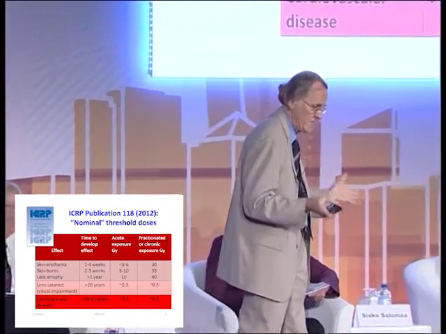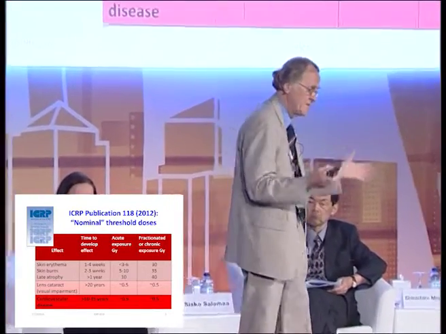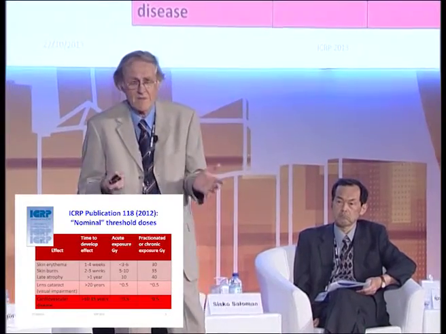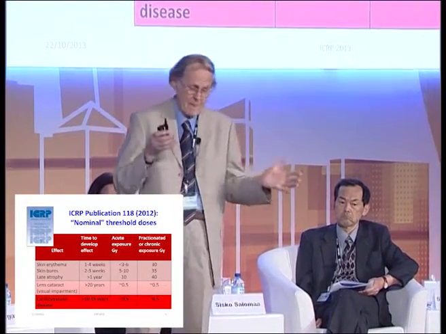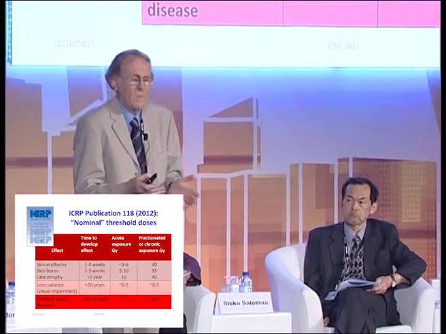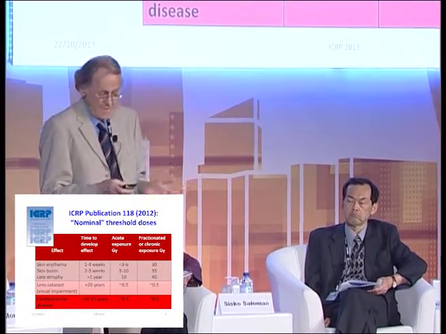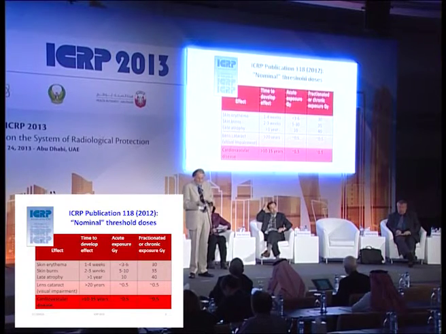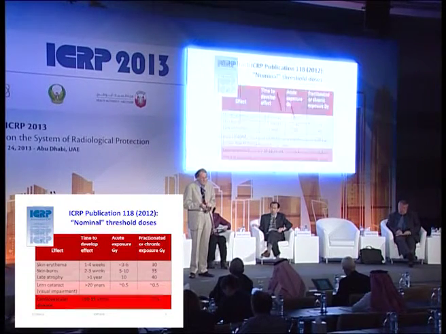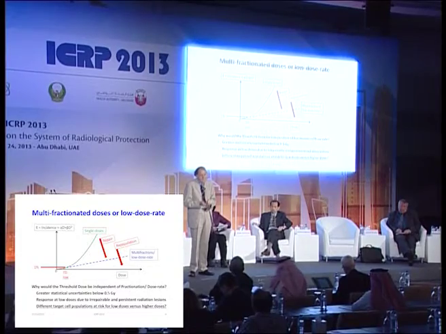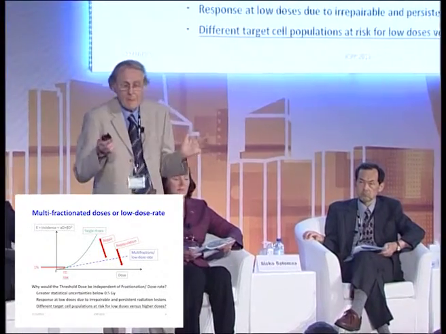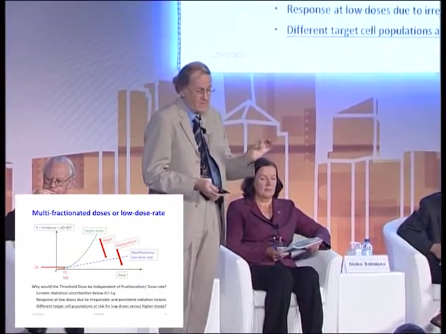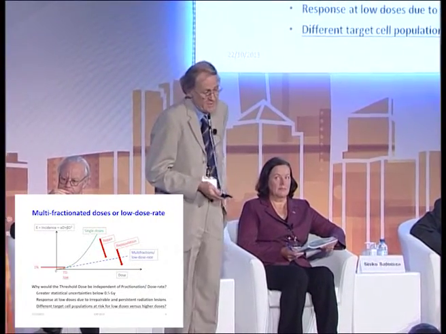And the reason is that it's very uncertain if it is half a gray or if it is less than half a gray, because when you get under half a gray, the errors are larger, so that you don't know exactly where you are for that specified dose.